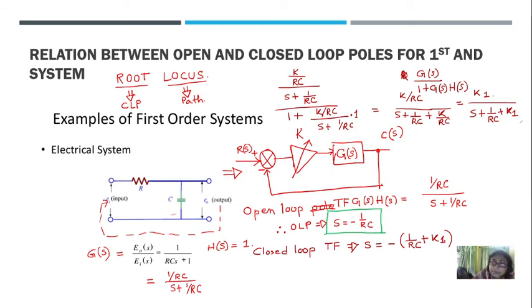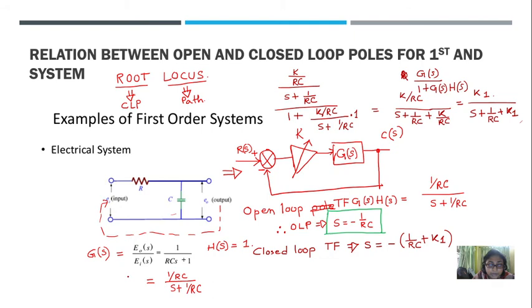Consider that we can change the value of K. We can vary the value of K from 0 to 100, suppose. So K1, that means K/RC, can be varied from 0 to a certain value. If I vary the value of K, the value of K1 is also varied, and as K1 is variable, we can get different values of closed loop poles.